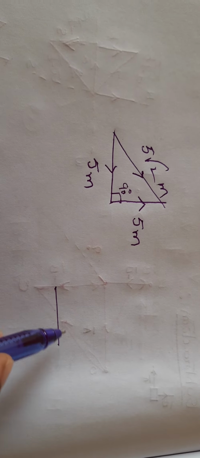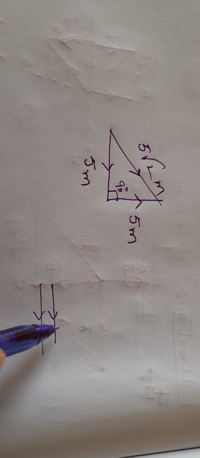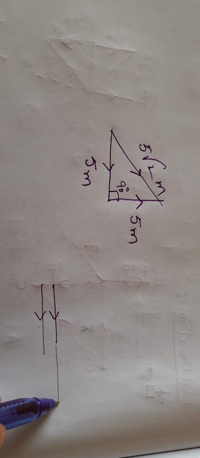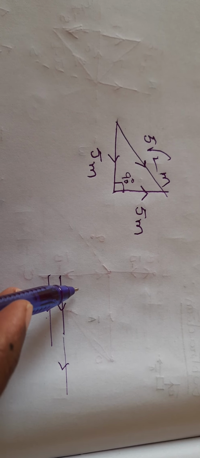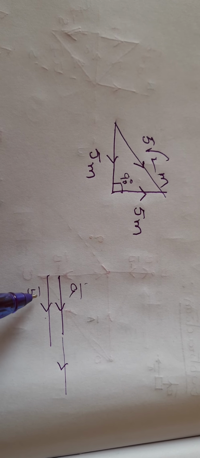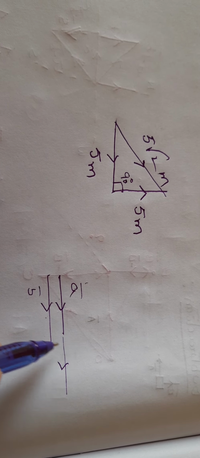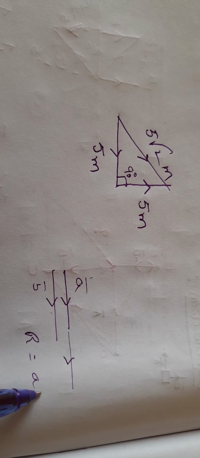If it is 0, both the vectors are acting in the same direction, either parallelly or collinearly. Is it not? And both the vectors will get added up. A bar plus B bar, where the modulus of A bar is A, then the resultant is equal to A plus B.